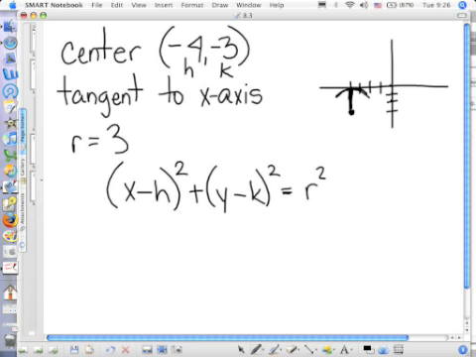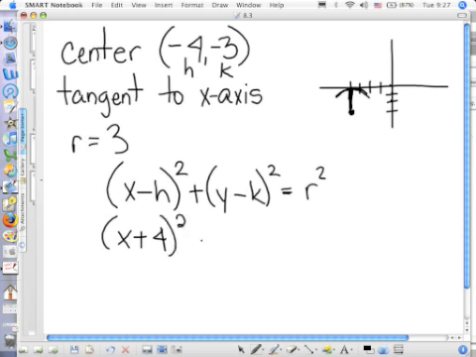How do you get rid of the square? You don't want to. You just square 3. If r is 3 and you're squaring 3, then you would say equals 9. Do we have to do the square root?